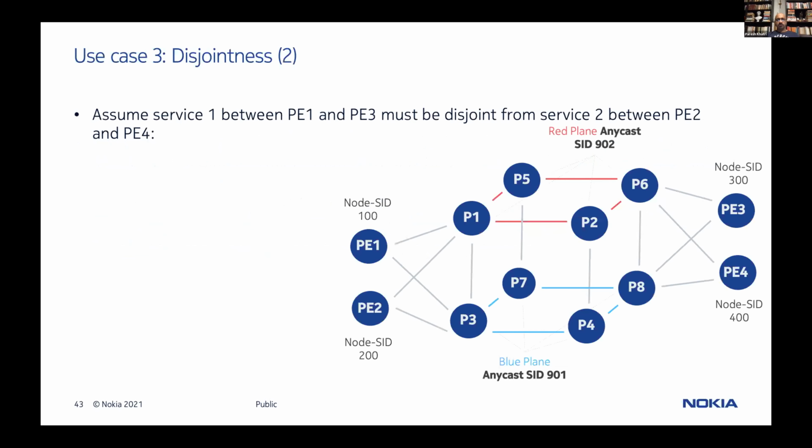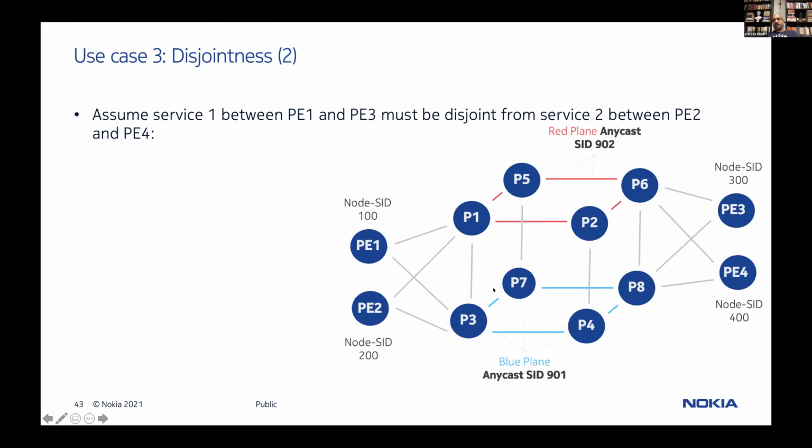So here's an example, right? There's a bit going on here, so let me try and explain very quickly. This is a dual plane network. What you've got at the top here is the red plane. This is a set of core routers, P1, 2, 5, and 6.